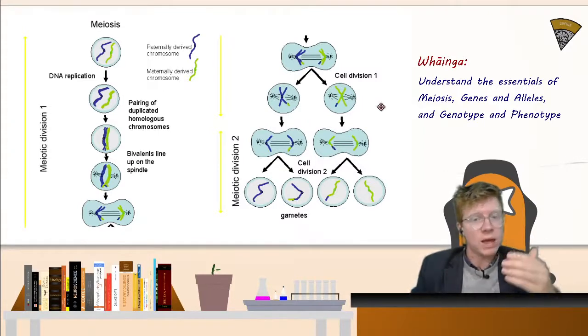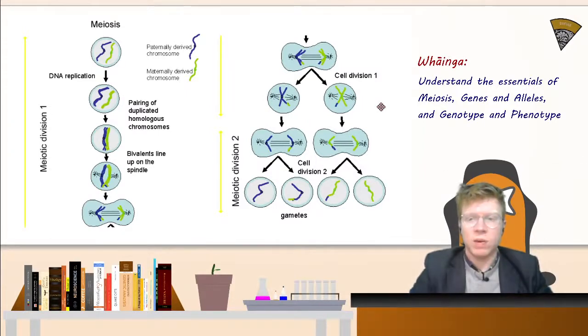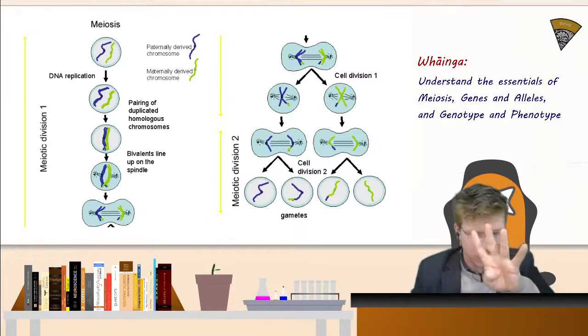So we go through a second process of cell division where these sister chromatids are pulled apart at the centromere, leaving us with two copies of the paternally derived chromosomes in two cells and two copies of the maternally derived chromosome in two different cells. That gives us a total of 4 cells at the end.